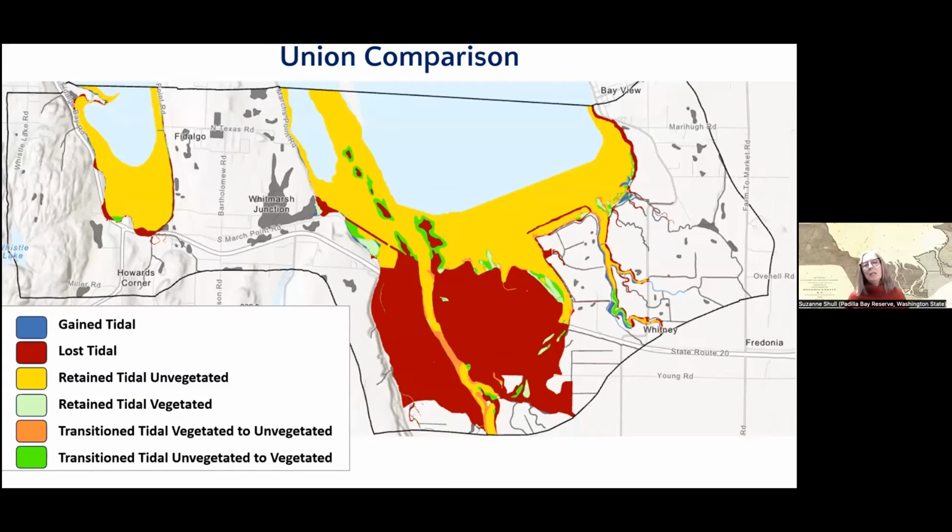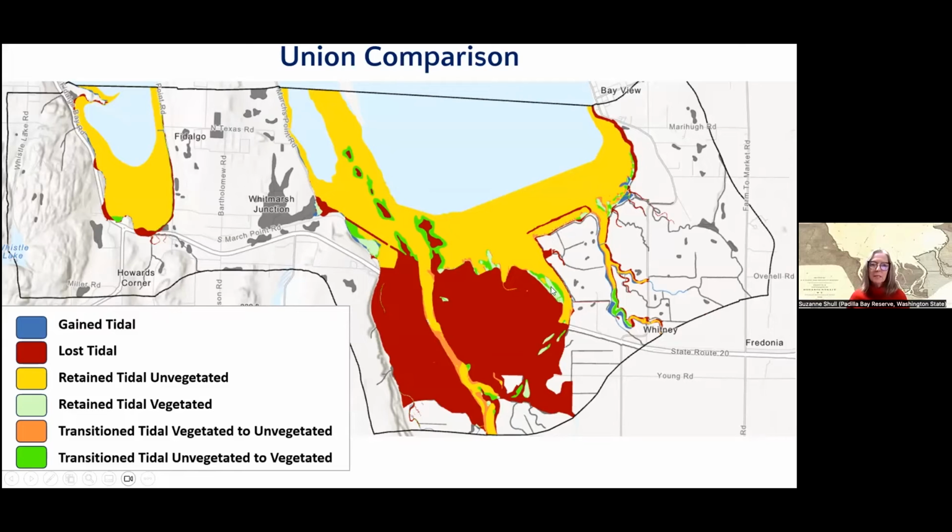We also did a union between that historic polygon layer and the current polygon layer and grouped the change between those into these categories so that we could get an idea of where tidal loss and gain had occurred. Also, where those areas of salt marsh had been retained.